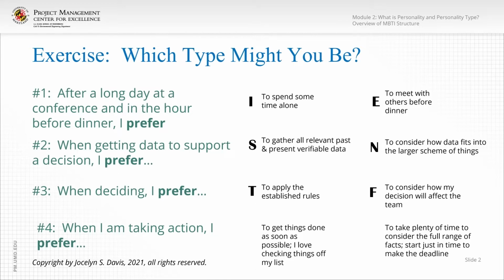And the last preference, about taking action: if you like to get things done as soon as possible, work a plan, love checking things off your list, you just might be a J or a judging type. On the other hand, if you prefer to take plenty of time to consider the full range of facts and possibilities, and honestly, you do tend to start just in time to make the deadline, then you might be a P or a perceiving type.